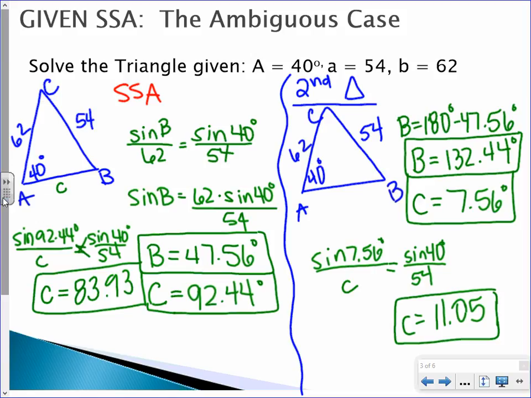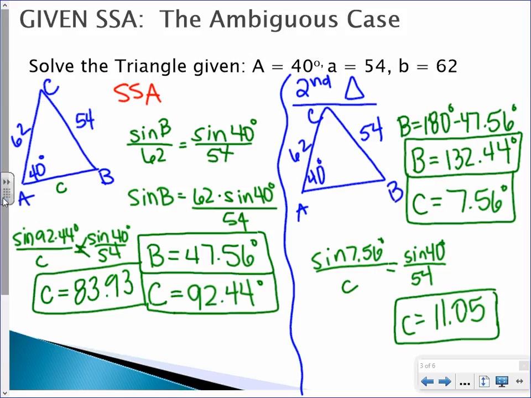Did you guys ground your angle? Okay. So, a couple things before we go to lunch. We only do the supplementary of that first angle that we find, and then we basically have two separate problems from there. Always make sure you reflect on your answers to see if your triangle makes sense. Does it make sense that this is such a small side compared to this one right here?